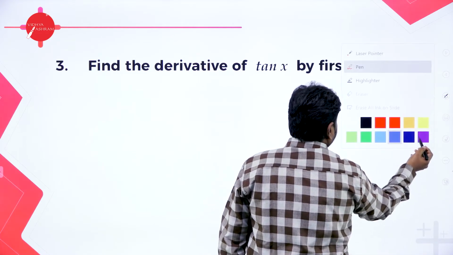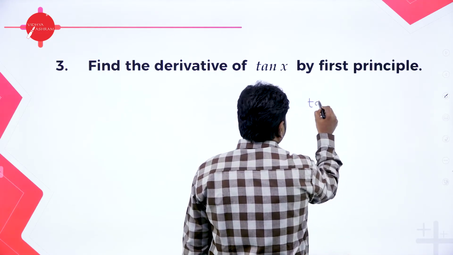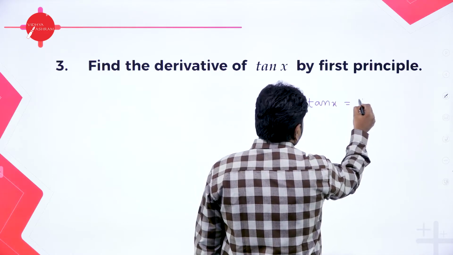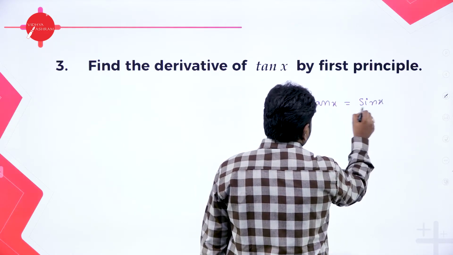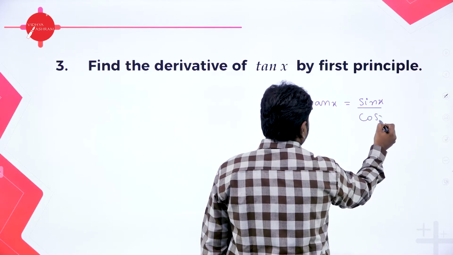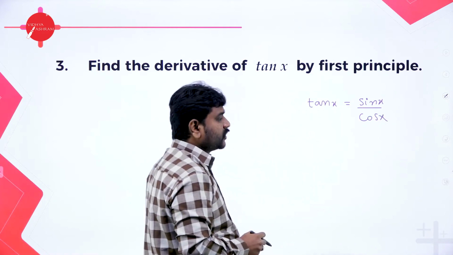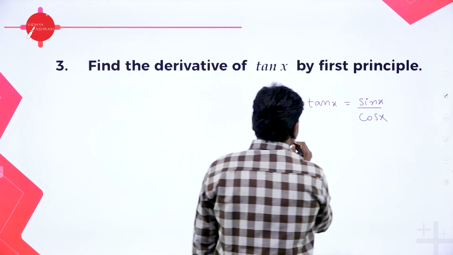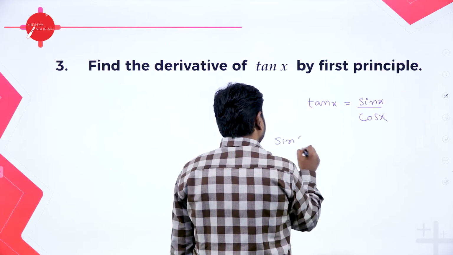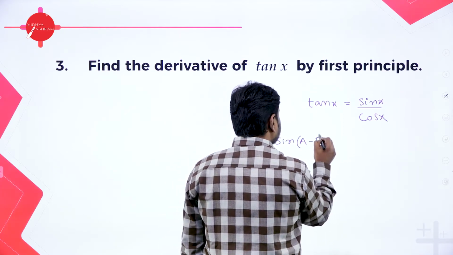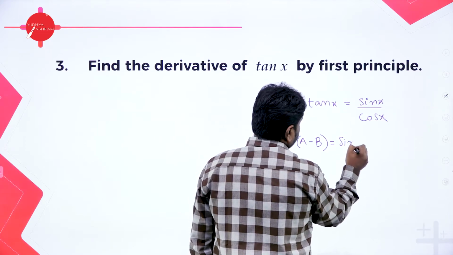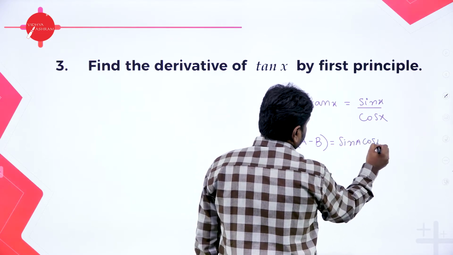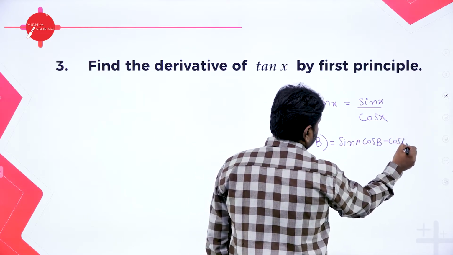Basic number 1, you should know tan x can be written as sin x by cos x. In mathematics, tan can be written as sin by cos. Second thing, compound angle. You should know sin of a minus b. What is sin of a minus b? Sin a cos b minus cos a sin b.